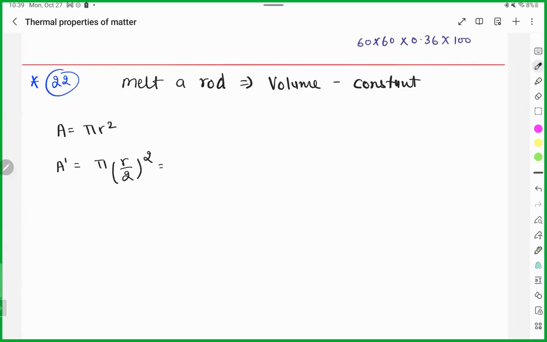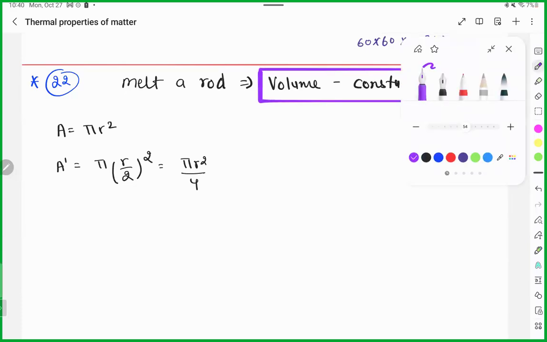It means the new area will be 1/4 of the original area. When area changes, length will also change, but volume remains constant.